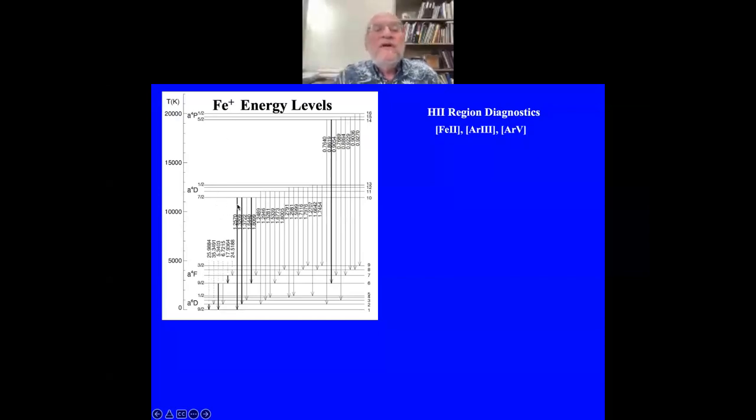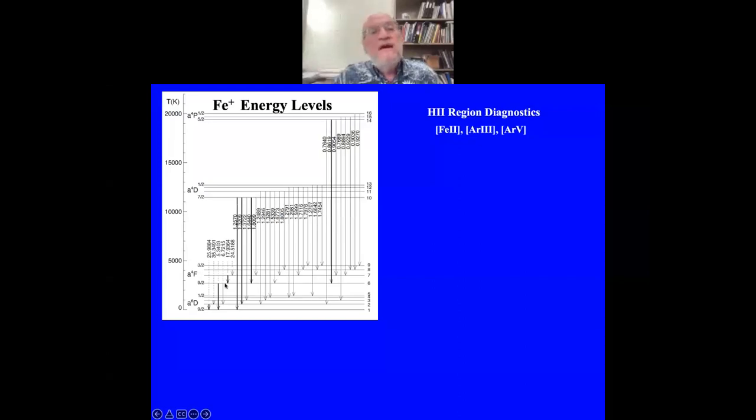And what transitions will be good diagnostics? Well, if you have transitions that come from the same level, then they have the same dependence on temperature and density. So those are not good transitions to use. But if you look at levels that have just a very small difference in temperature above ground, then those are good density diagnostics.